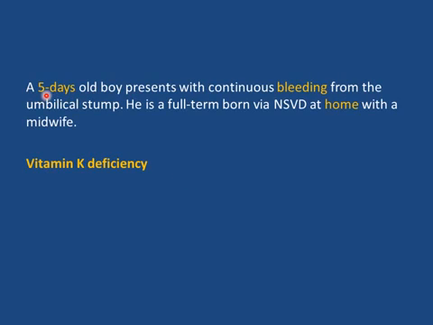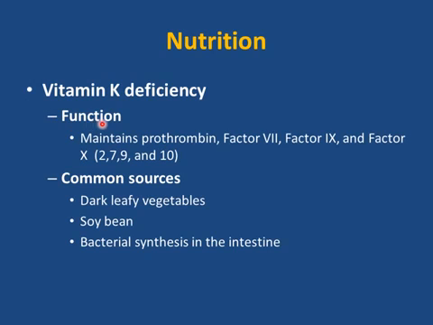The key word in this case is a recent birth, 5 days old, presenting with bleeding, and also was born at home, meaning that he did not receive vitamin K. This is a classic presentation of vitamin K deficiency. The function of vitamin K is to maintain prothrombin, factor 2, and factors 7, 9 and 10. The common sources of vitamin K are dark leafy vegetables, soybean, and bacterial synthesis in the intestine.